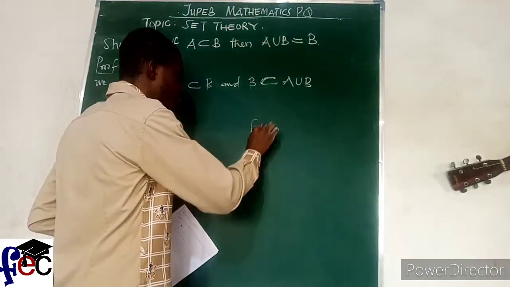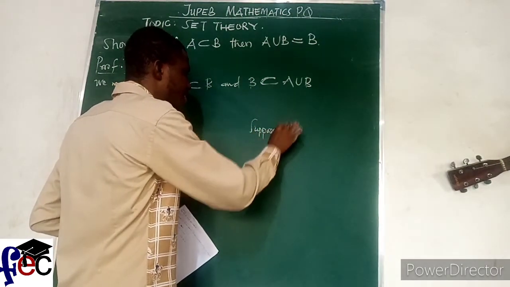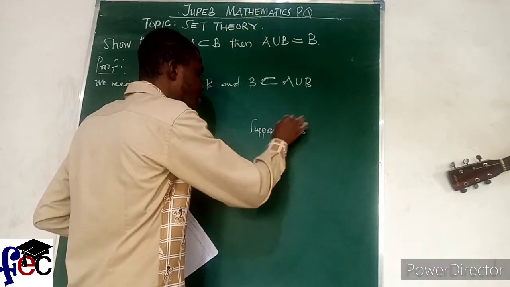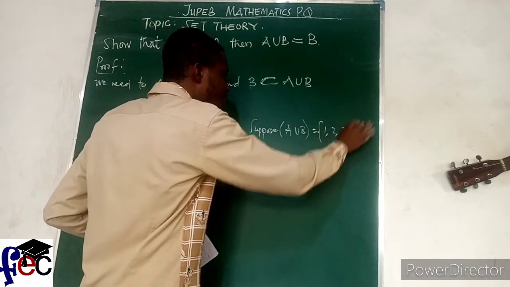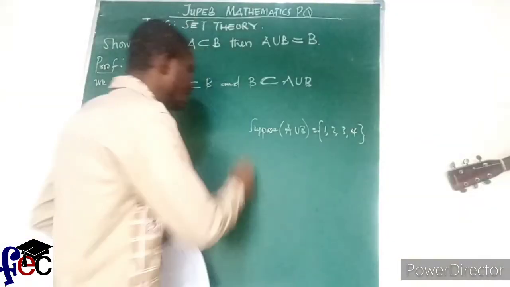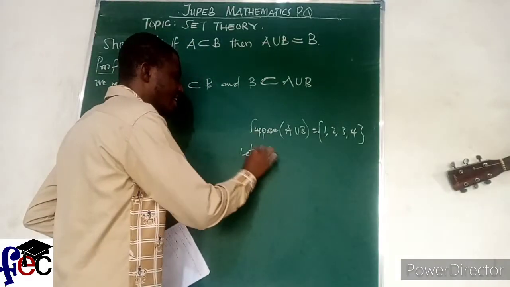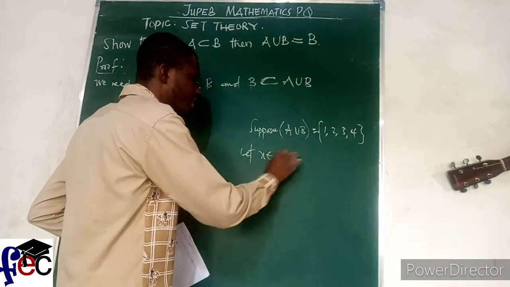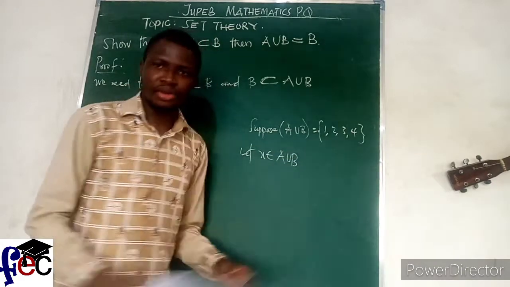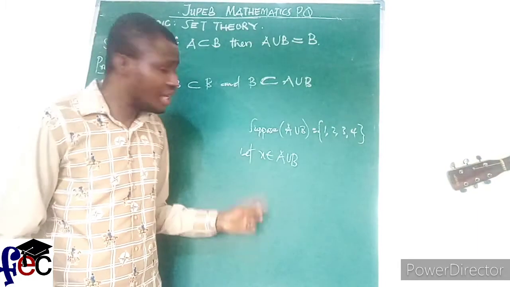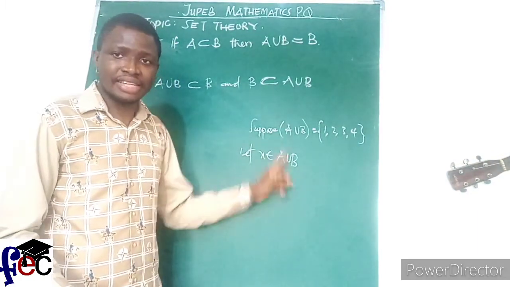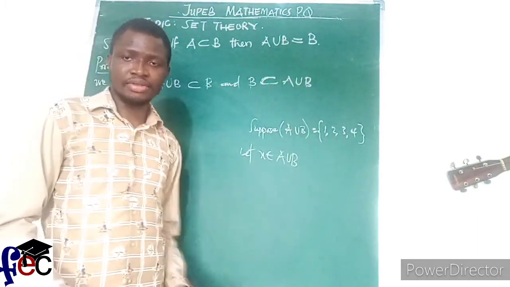Suppose now that A union B is equal to {1, 2, 3, 4}. And now let X be a member of A union B. This X being a member of this does not mean X as a single element.